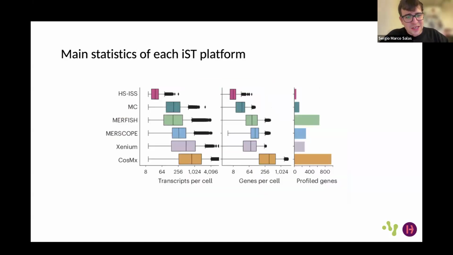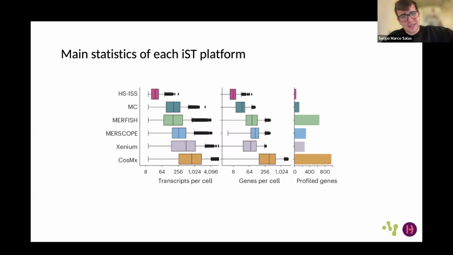So these are the main statistics for the different platforms. And basically, we have three main ones: transcripts per cell, genes per cell, and the number of profiled genes. And if we look at transcripts per cell, you can clearly see that CosMx, which is a Bruker technology, has way more transcripts than Xenium, but all the other technologies present a way lower number of transcripts per cell and also genes per cell.